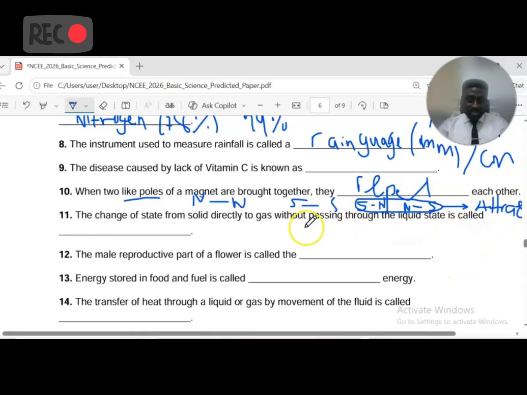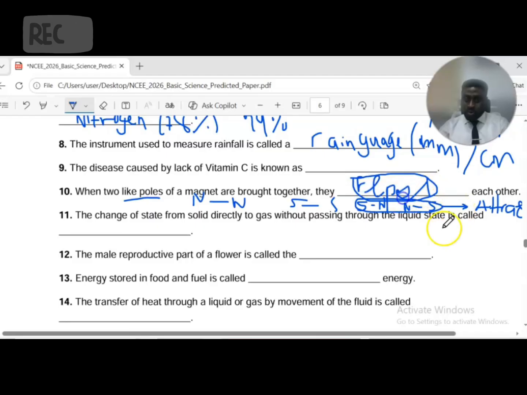I wrote it at the edge so you can note it down in your diary. But in the case where you have the north or the south poles facing each other, you would have a repulsion, which is what we call repel. R-E-P-E-L, repel.